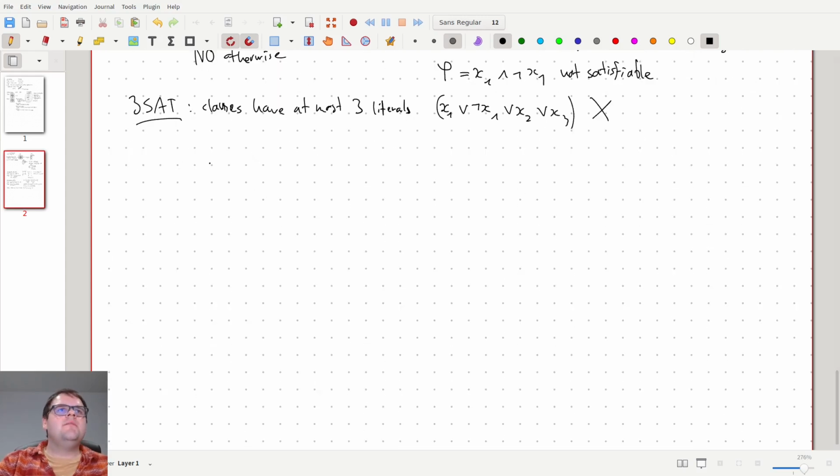So it's kind of one I mentioned before. It's called K-coloring, or graph coloring specifically, so K-COL for short.